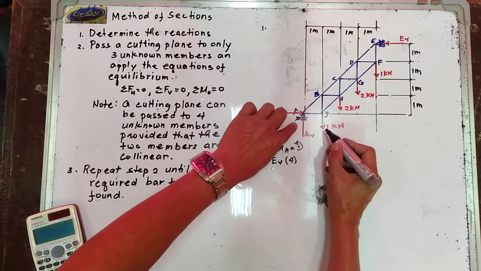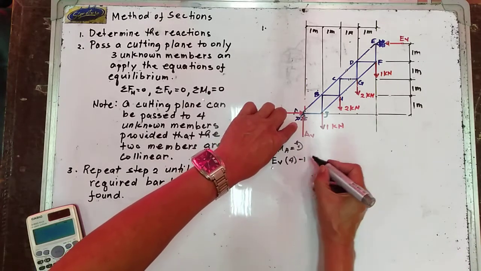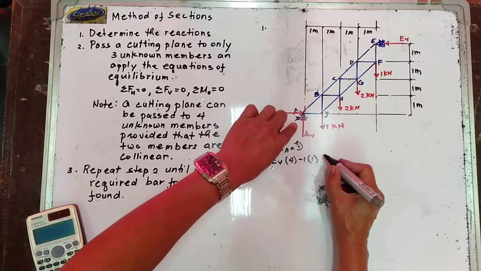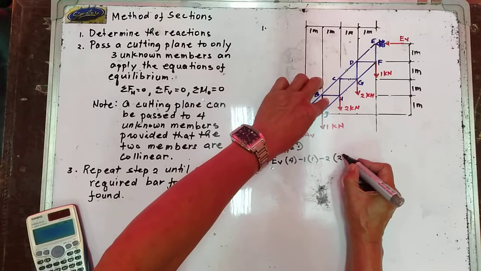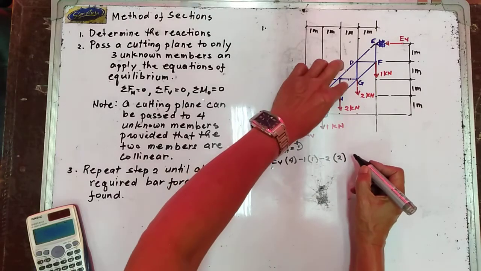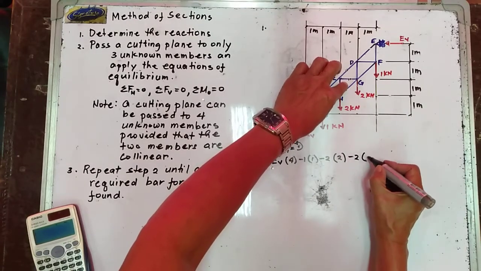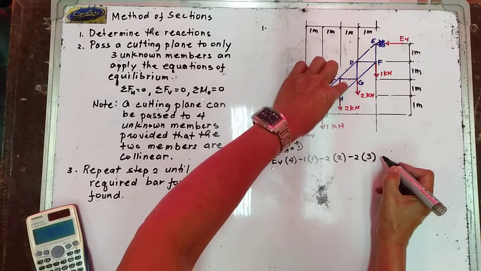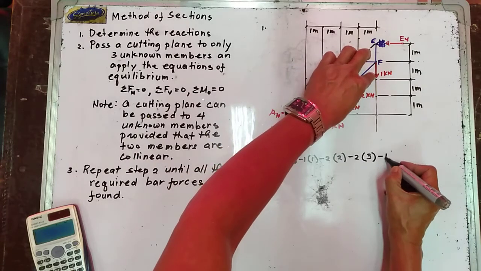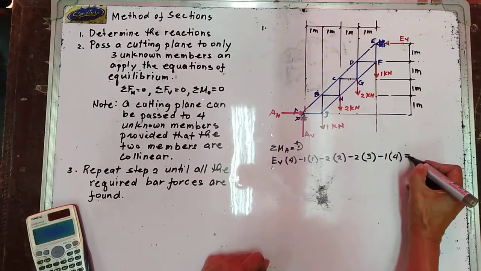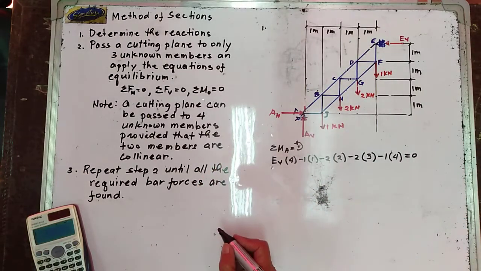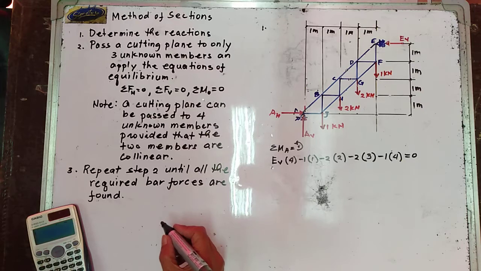So we have minus 1, multiply this by 1, minus 2, multiply this one by 2, minus 2, multiply this one by 3, and minus 1, multiply this one by 4, and this is equal to 0.